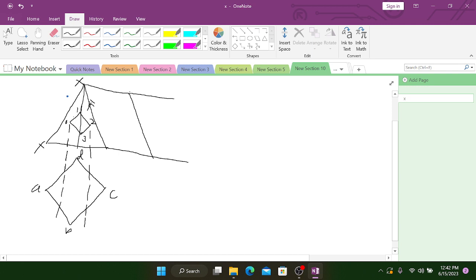Then I want to draw an arc by keeping this one as center. Then I want to take the AB distance. This is a square prism now. So AB distance and cut in this way.